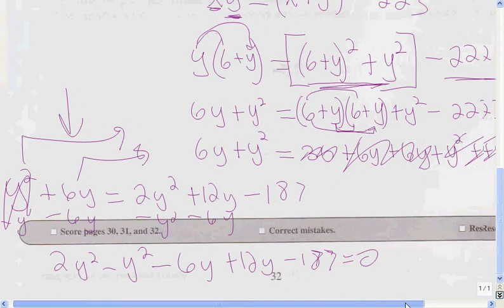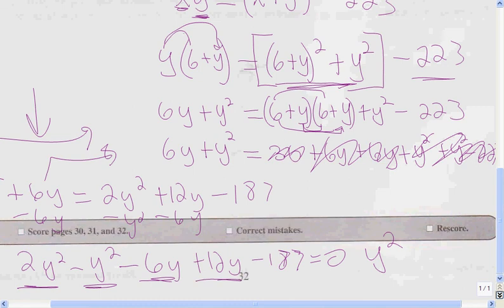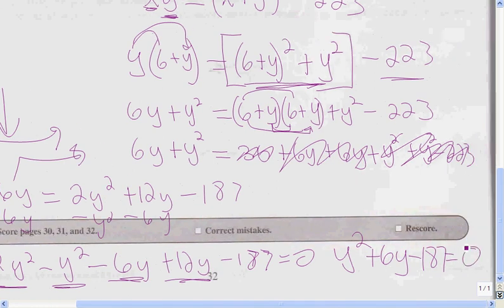Doesn't matter if I put the 0 in the front or in the back. I get the same answer. So 2y squared minus y squared is just y squared. And negative 6y plus 12y equals plus 6y minus 187 equals 0.